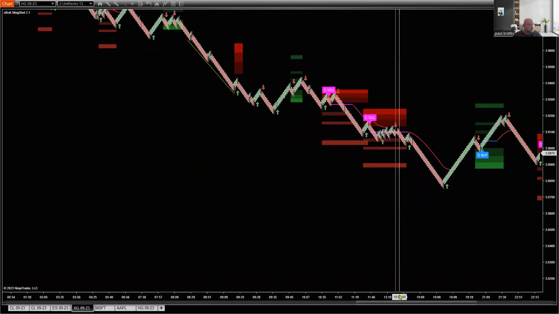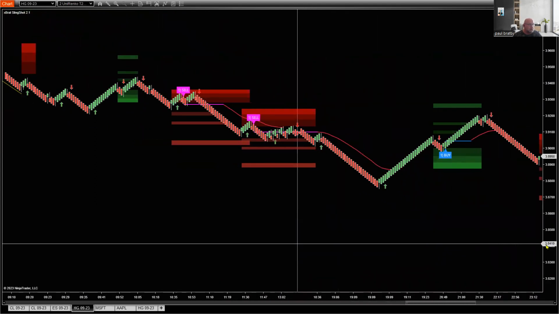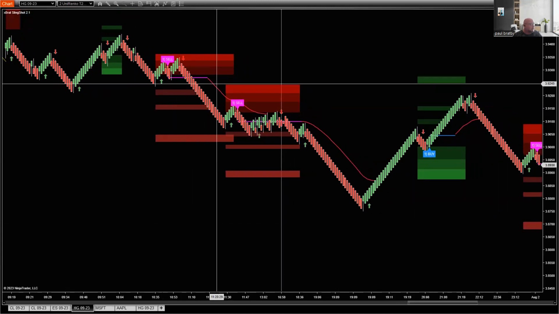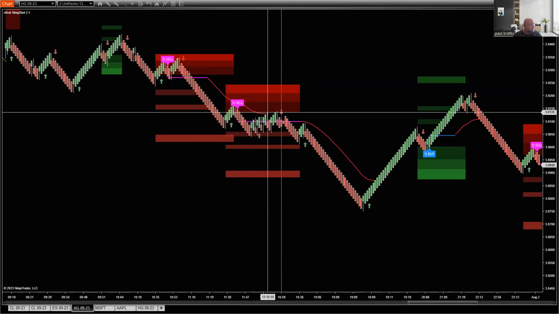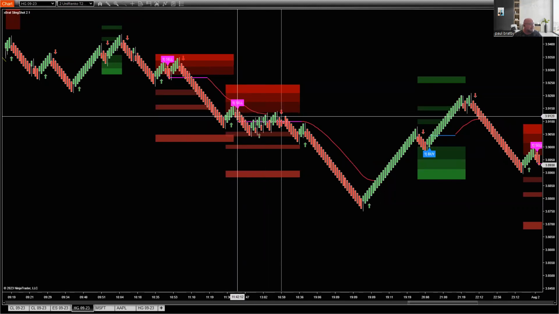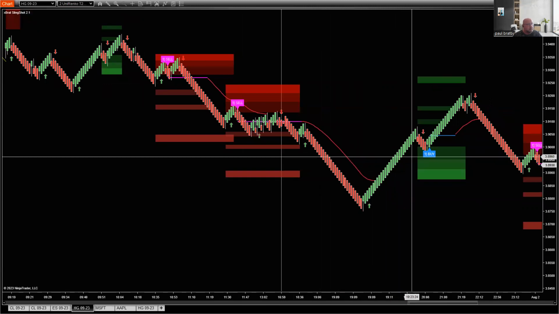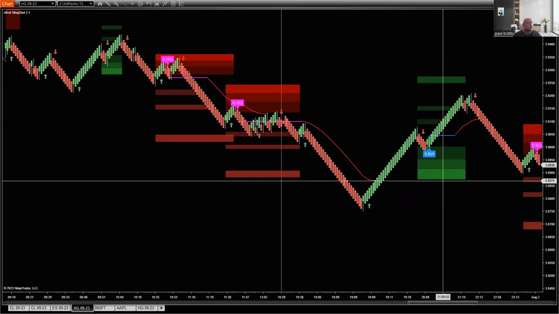So we get here, for example, a type 1 sell at this point. This is the trailing stop into here. We do get another type 1 sell at this point as well. This is the trailing stop for that one, and then we get a type 1 buy here. So type 1 is the standard type of signal.